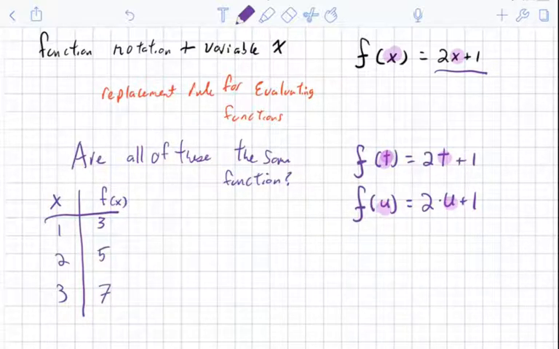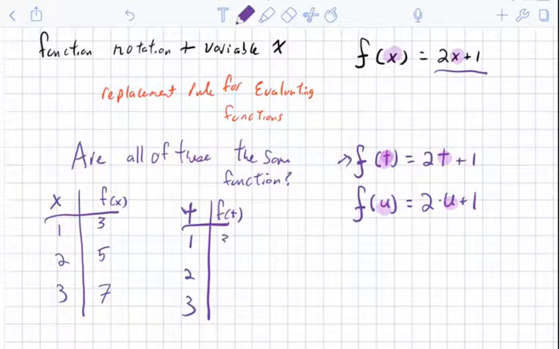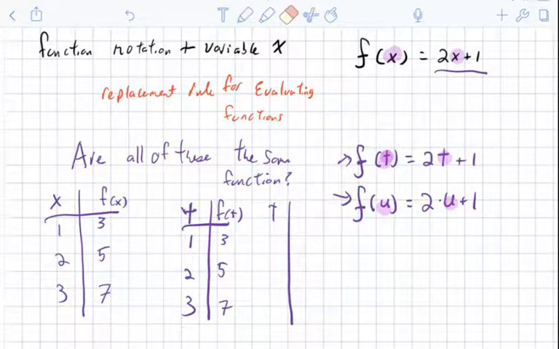Now, with that one, the variable's name is t. So when t is equal to 1, 2, and 3, the output's 3, 5, 7. And what about this last one? Oh, sorry, it's in terms of u. f of u: 1, 2, 3, gives 3, 5, 7.